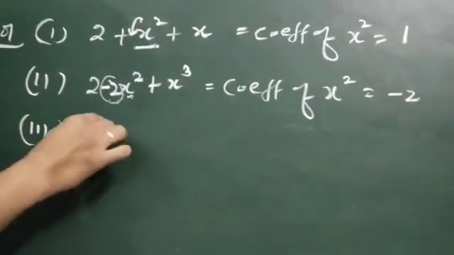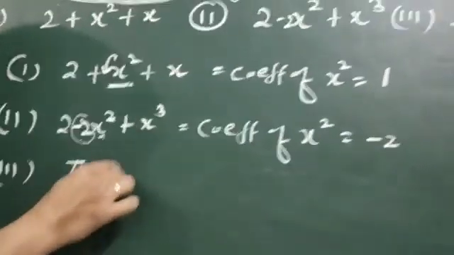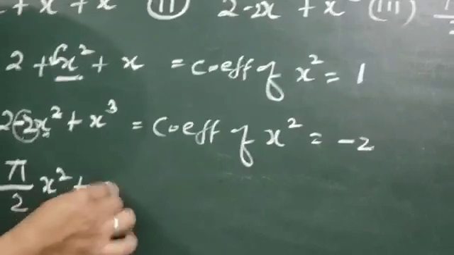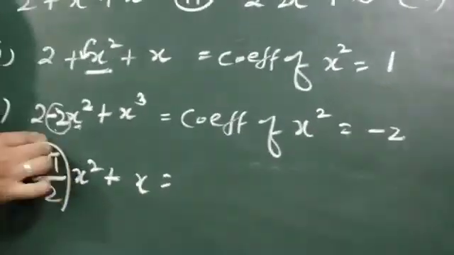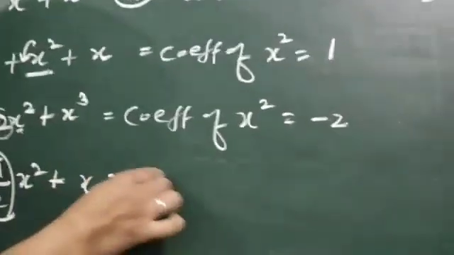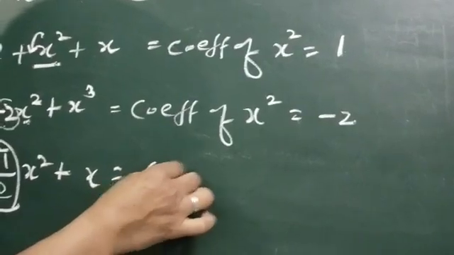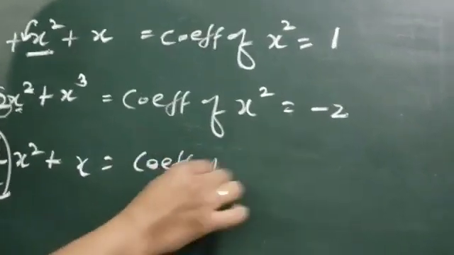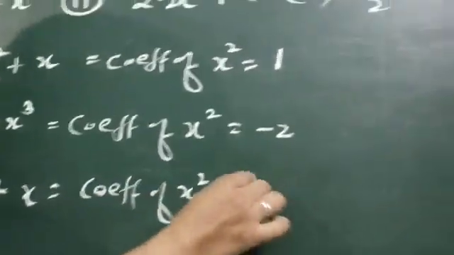And third one you have pi by 2 x square plus x. Here the coefficient of x square will be pi by 2.